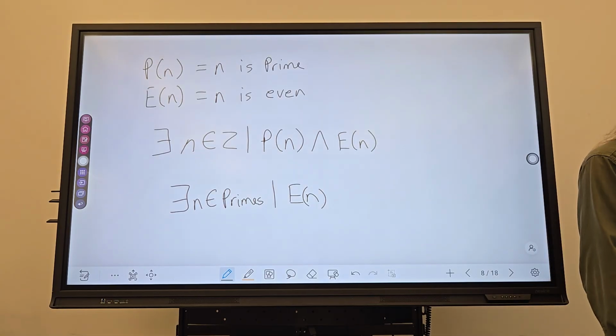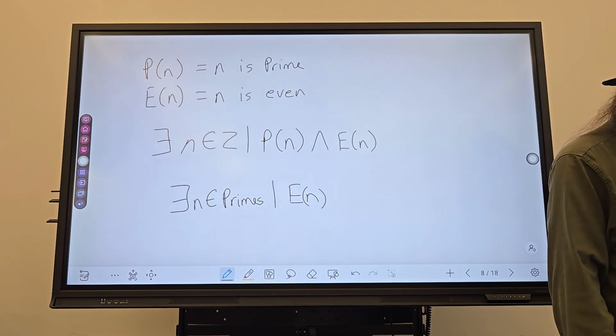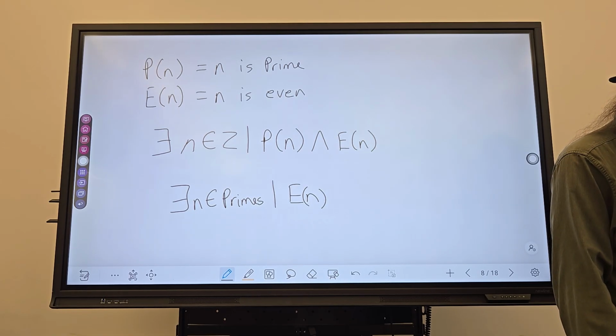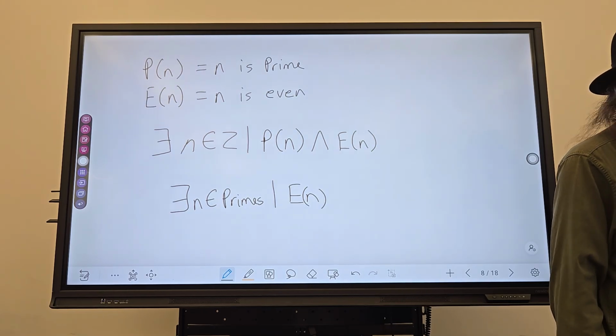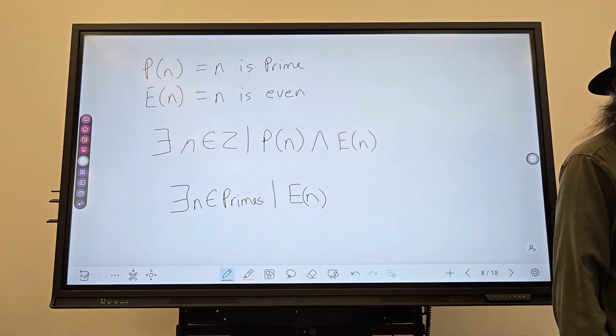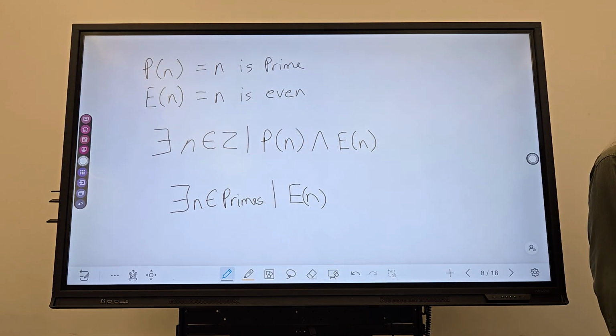It won't necessarily have all, every, any, or each. It might just have an a. In an existential statement, there is a number that satisfies these conditions.